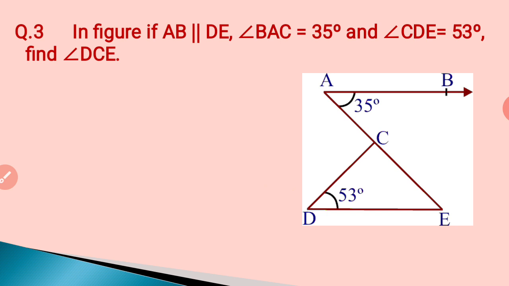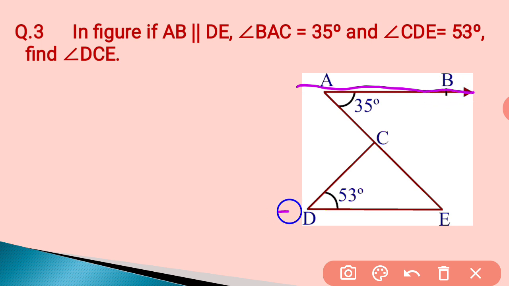Now let us concentrate in the figure and let us consider these two parallel lines which are named as AB and DE. We have the transversal AE. Now if we consider AE to be the transversal, then you have two angles which are alternate interior angles, that is angle BAC and angle CED.